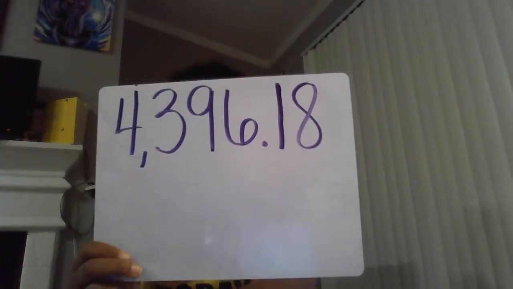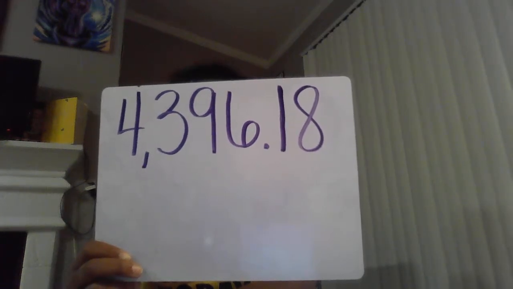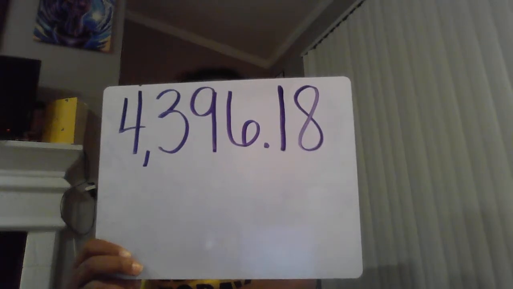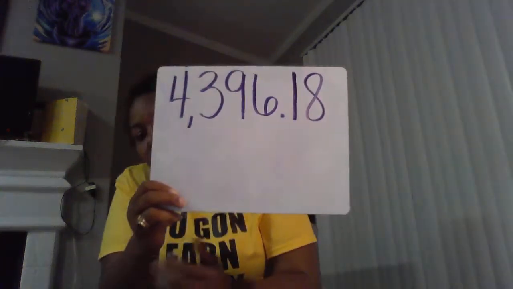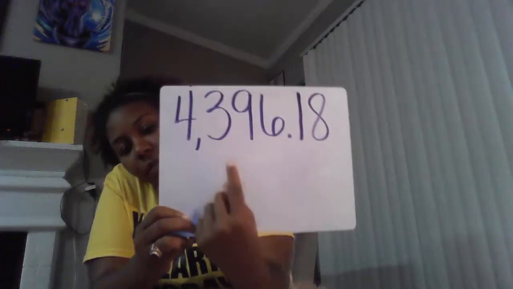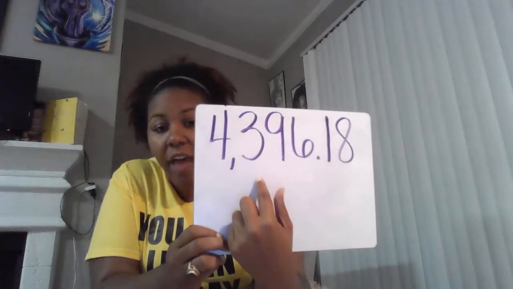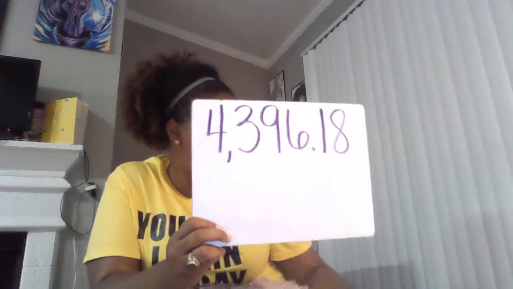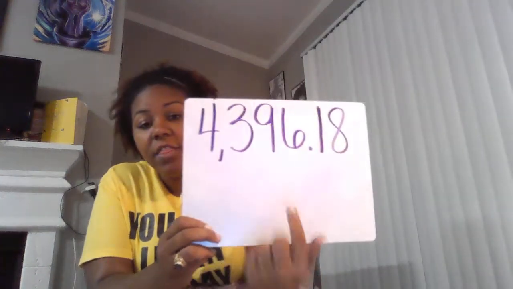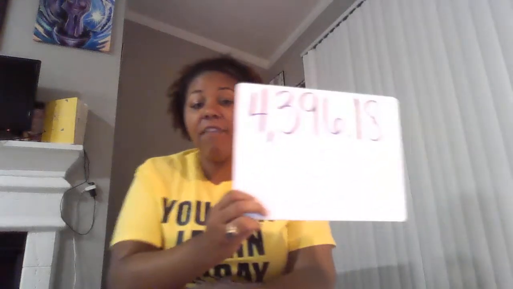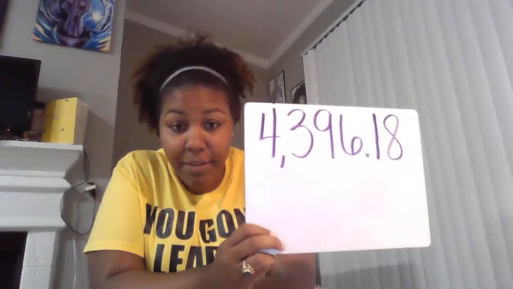Come back to me in 5, 4, 3, 2, 1. You and your partner should have written the 3 in the hundreds place, and the value was 300. The 9 is in the tens place, and the value is 90.